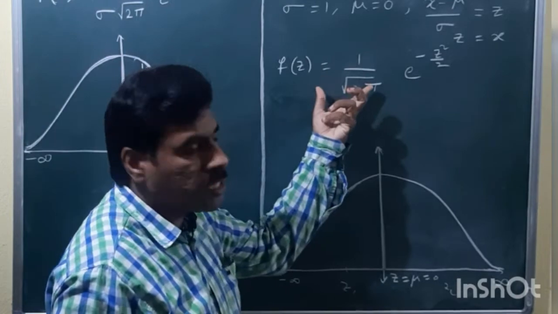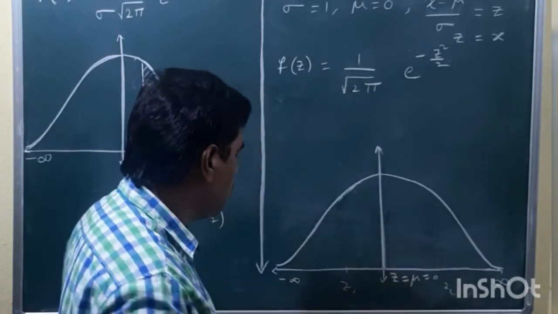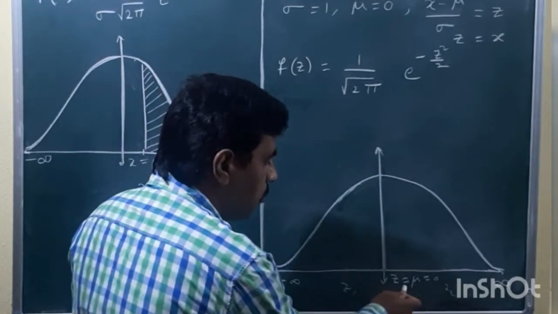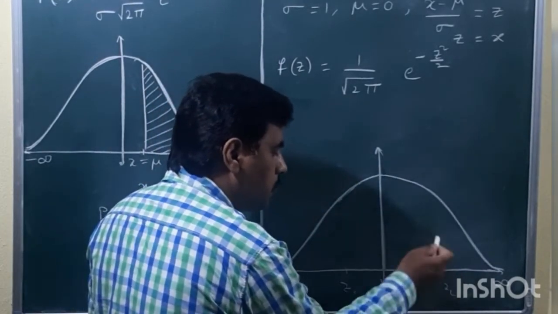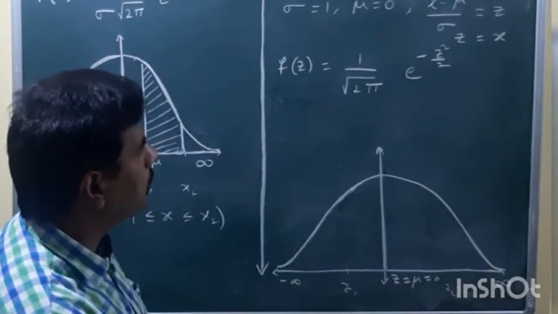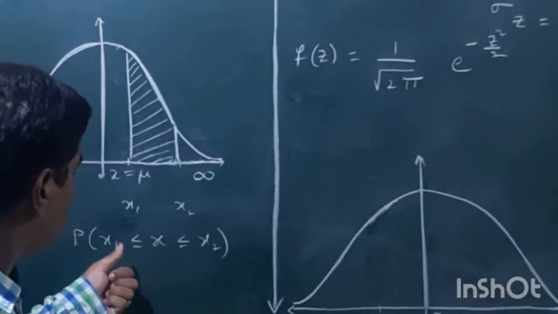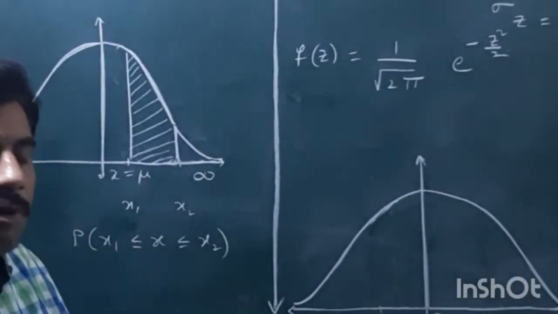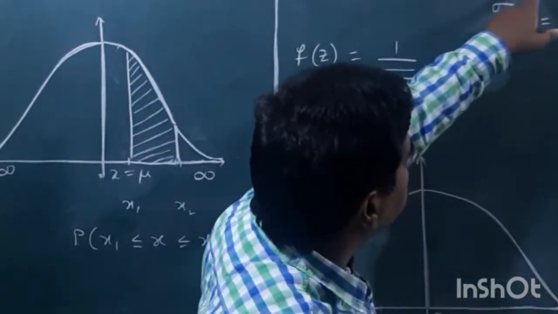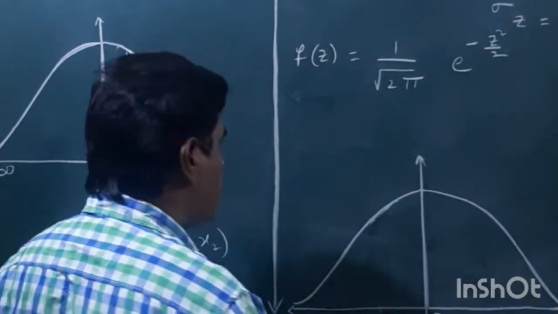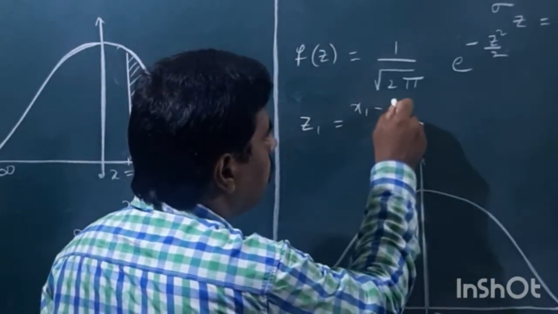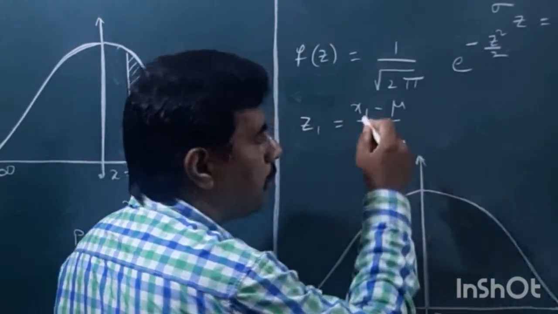Corresponding to this function, this is the graph. This bell shaped curve is given by this function. Here mu is 0, and z also lies between minus infinity and infinity. Now write down these values x1 and x2 in terms of z like this. Here z is given by x minus mu by sigma, therefore z1 is given by x1 minus mu by sigma.